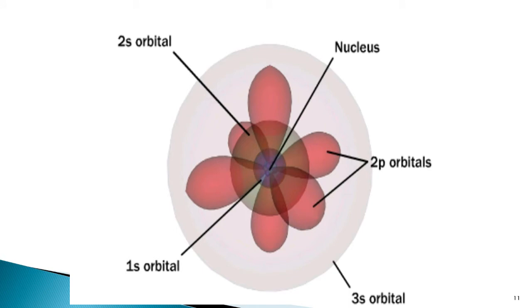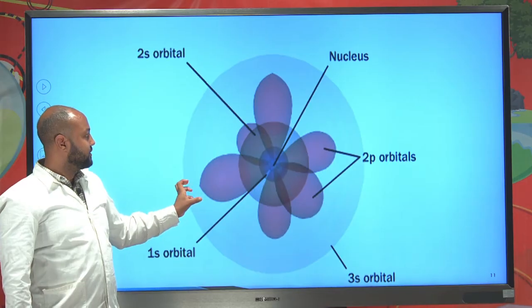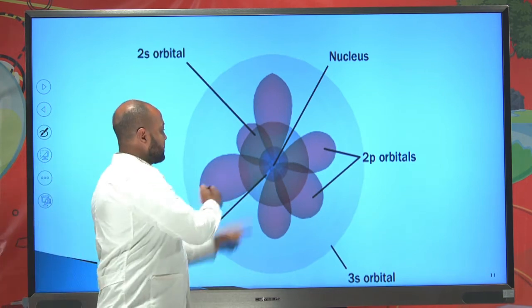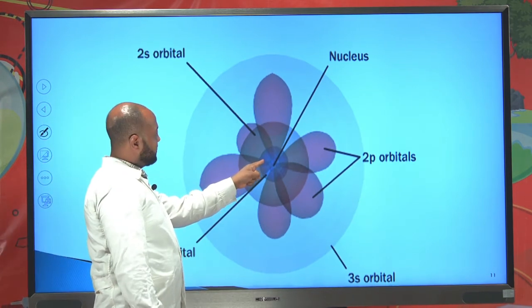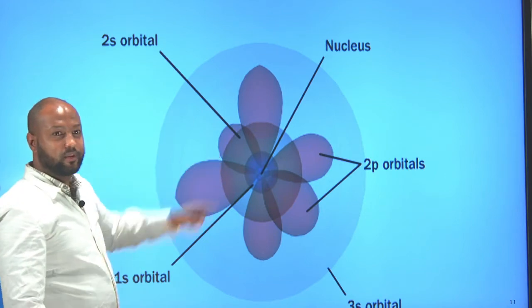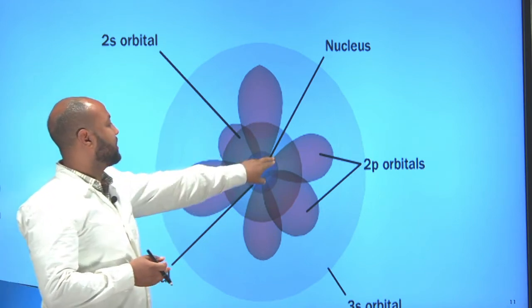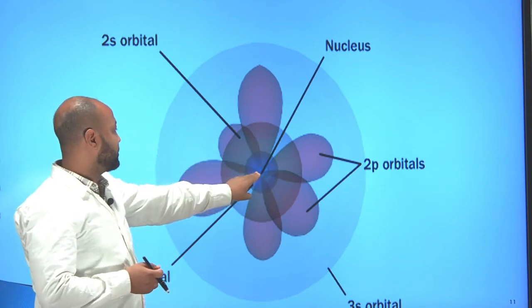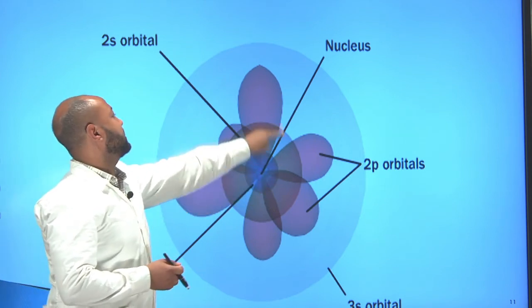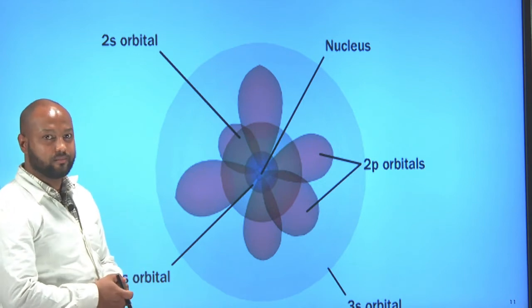Generally, when we see them together, this one is 1s, the second is 2s. 1s, 2s, and 3s differ by their nodal value. 1s does not have a node, 2s has one node, and 3s has two nodes.